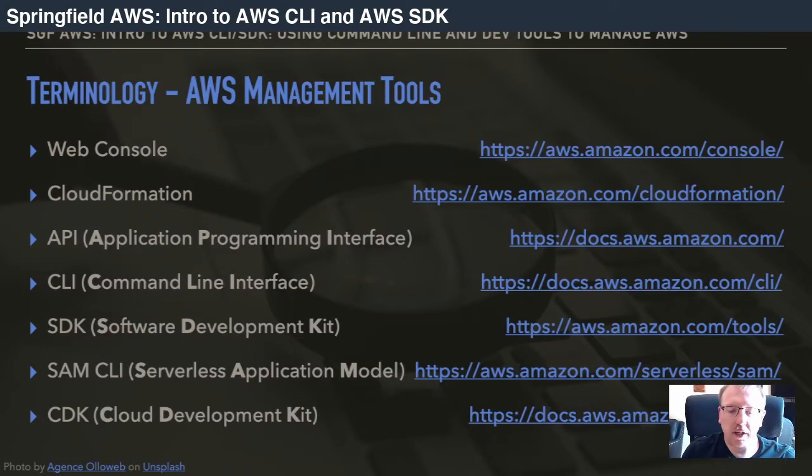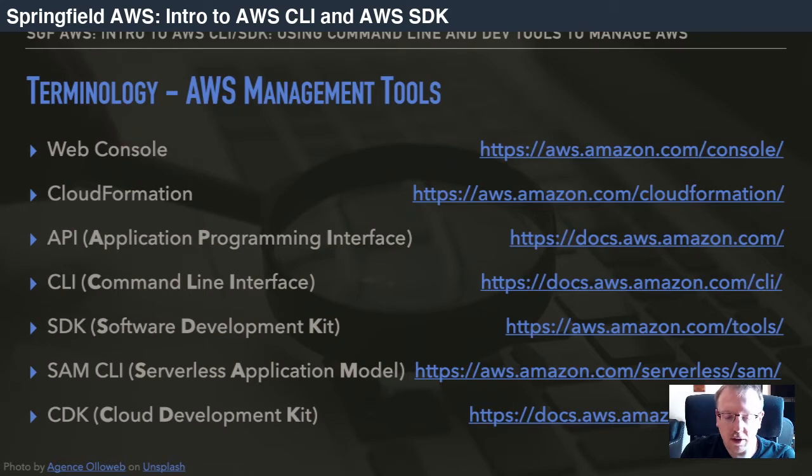So terminology. Of course, anyone who's gotten started with AWS or is in that world knows that there's a lot to it. If you're just getting started and not sure where to begin, you can sometimes get overwhelmed. So here are a number of the different ways people manage their AWS resources. Number one, the web console.